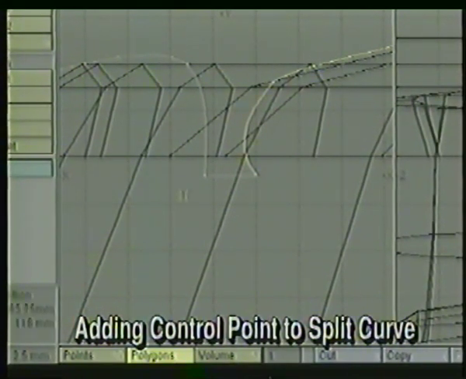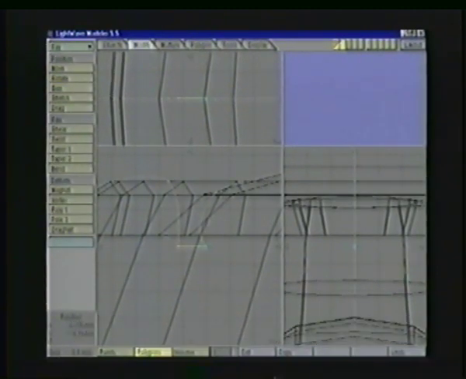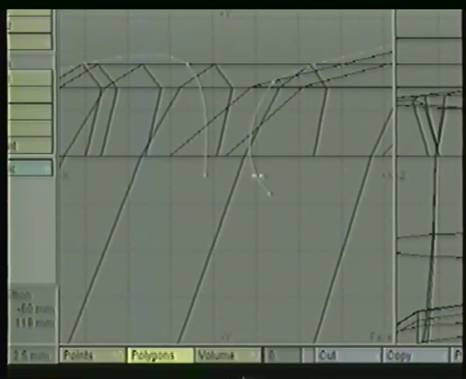So what I'm going to do is select this polygon or spline curve and cut it. Now it's still on the buffer, and it'll come back in when I paste right in the same spot. So what I'm going to do is go ahead and pull my point down a little lower and then paste my curve right back in.